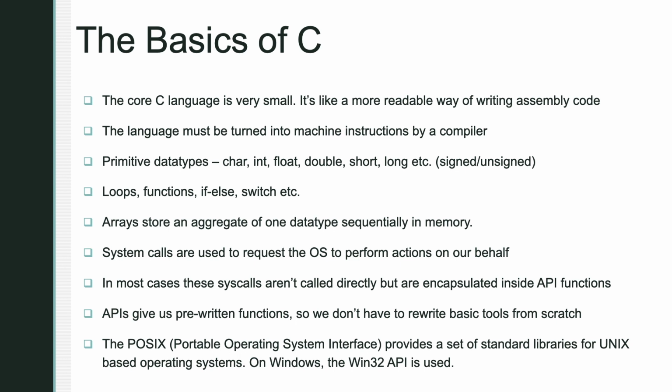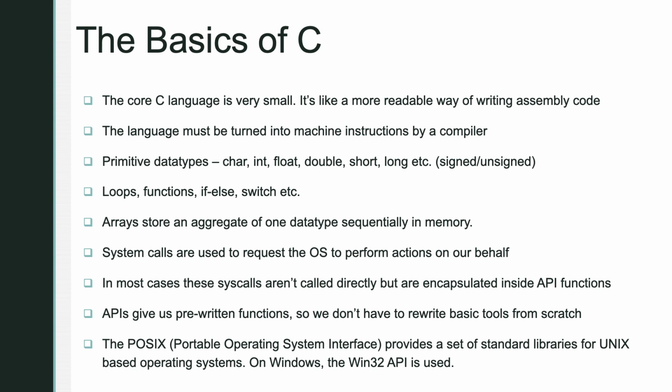And then inside of the C standard library, there are system calls. And these are where you request the OS, the operating system, to perform actions on your behalf. So in most cases, these syscalls are encapsulated inside the API functions of the library. But in some cases, you do call them directly.